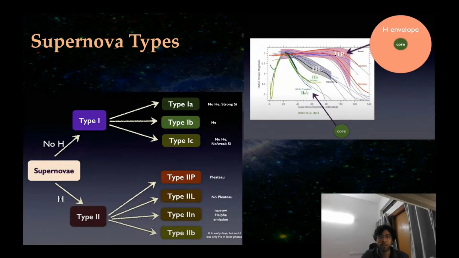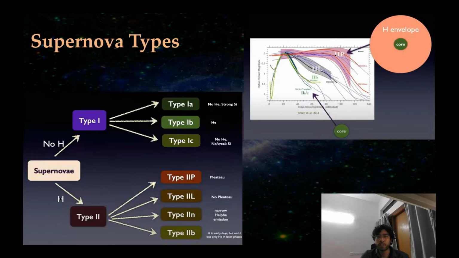What causes this broadening is that the energy released during a supernova is blowing up the matter in the star, so the matter is ejected at very high velocities, and due to these high velocities, these lines get broadened by a phenomenon called Doppler broadening, right?